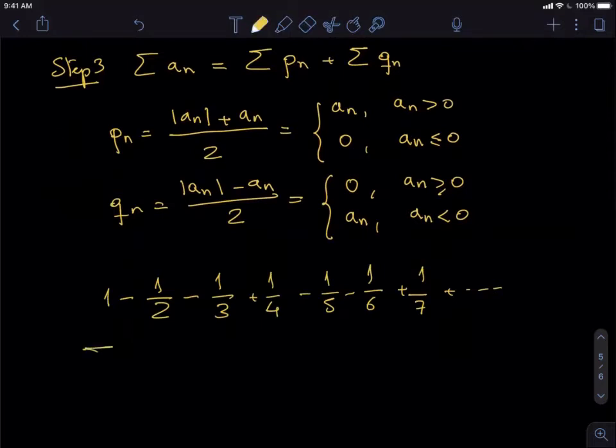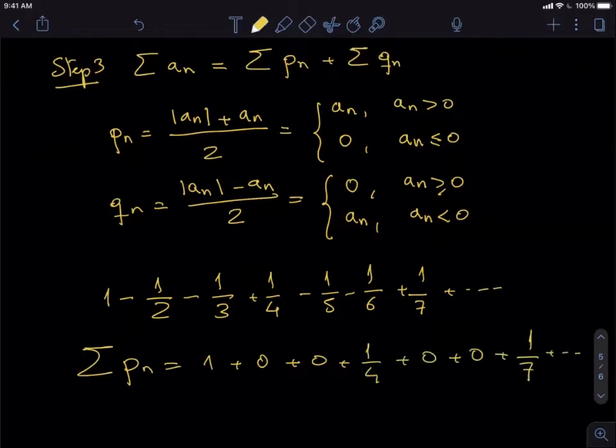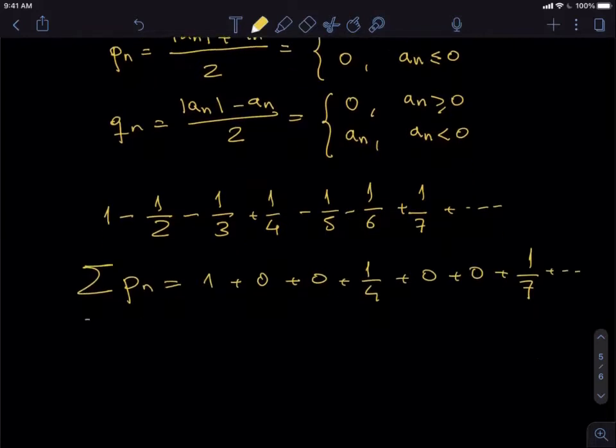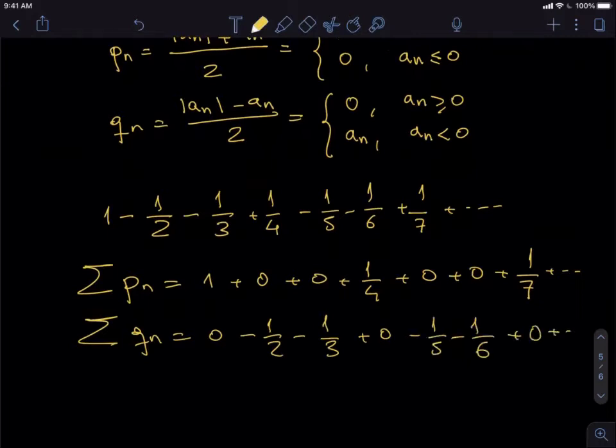In this case, the sum of P_n is going to be 1 + 0 + 0 + 1/4 + 0 + 0 + 1/7, and so on. And the sum of the Q_n is going to be 0 - 1/2 - 1/3 + 0 - 1/5 - 1/6 + 0, and so on.